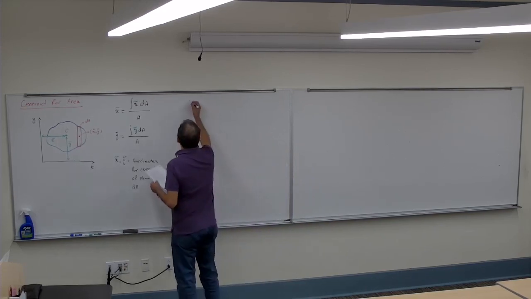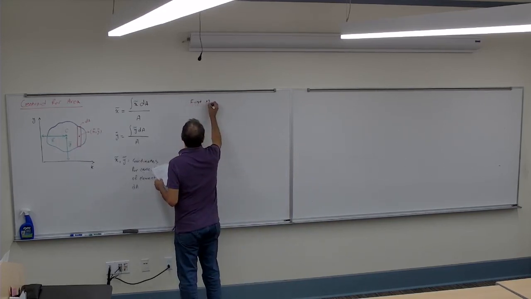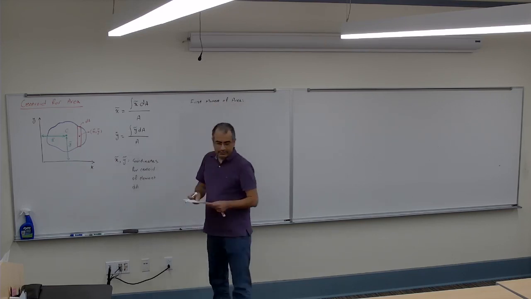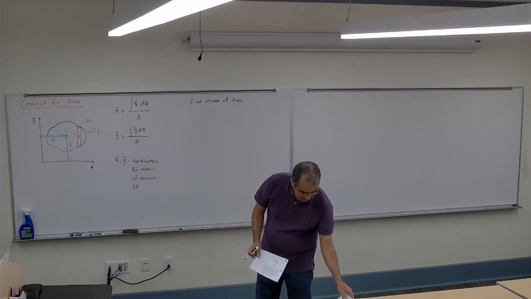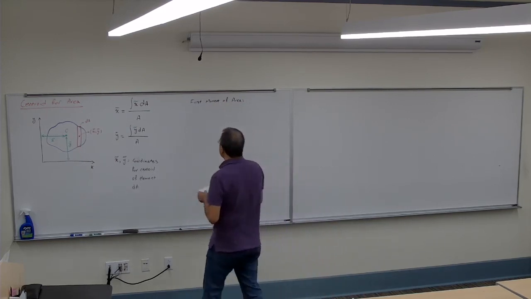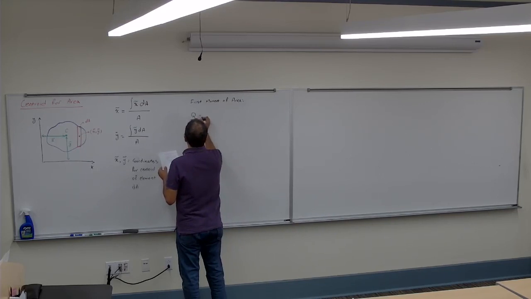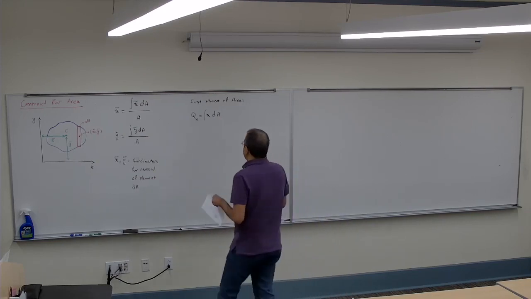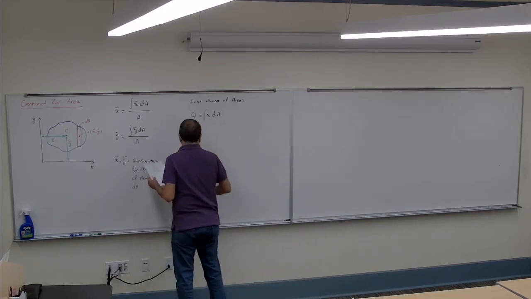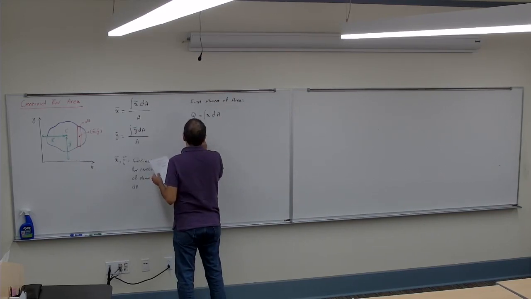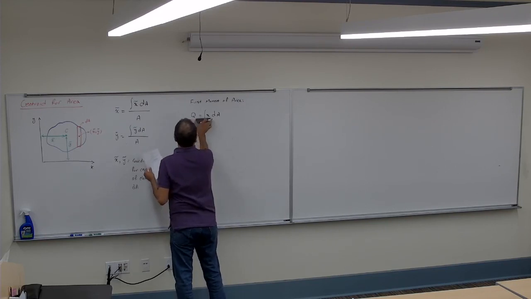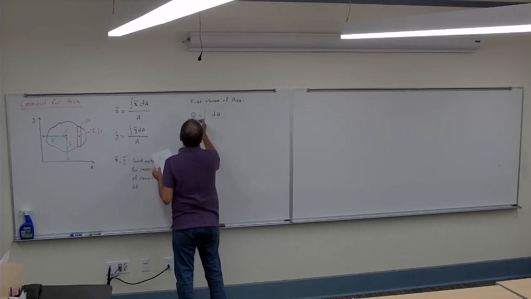The first moment of area can be calculated as Q about x is the integral of y dA, and Q about y is the integral of x dA.